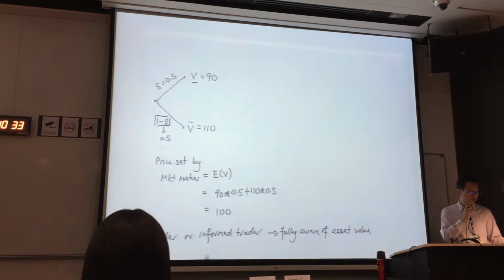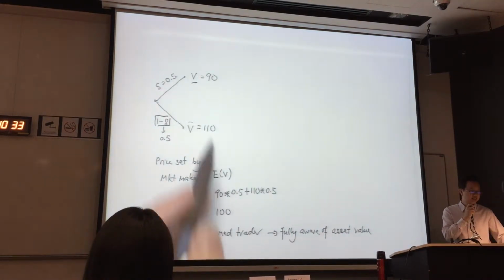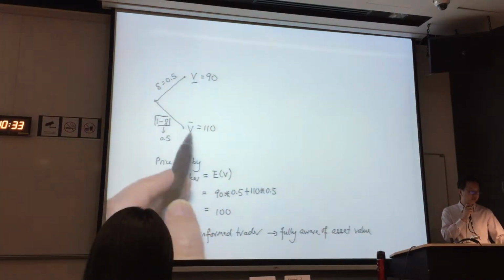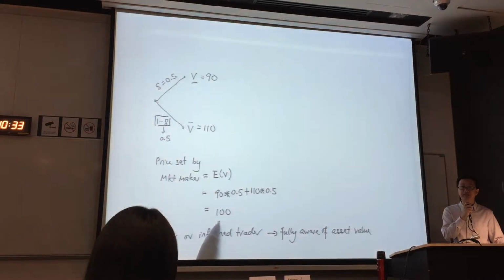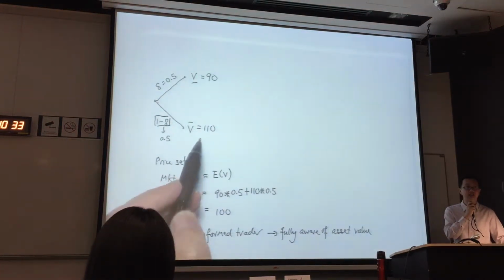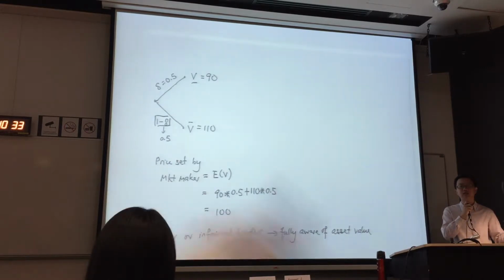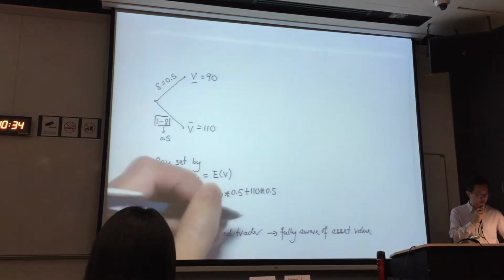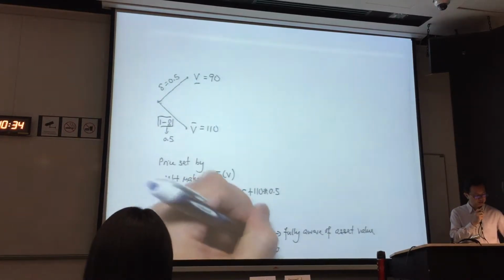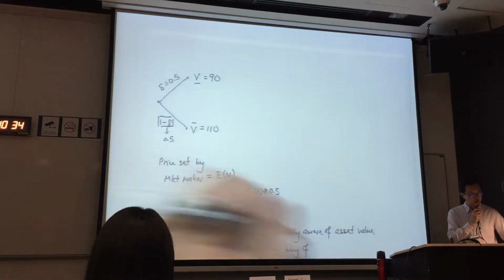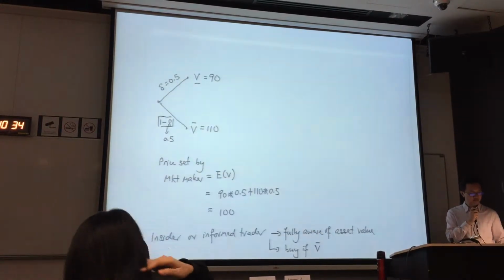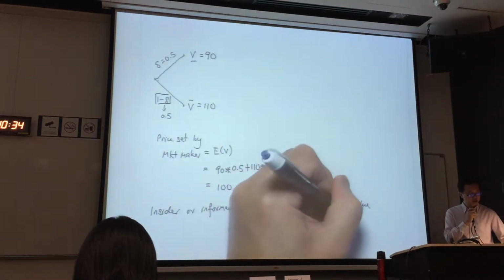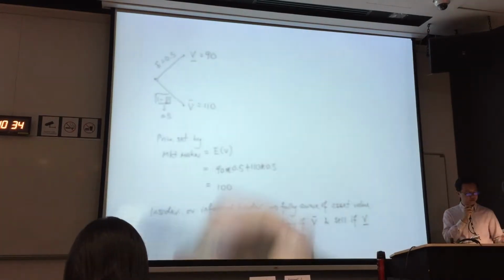The informed trader will sell when the asset is worth the lower value. But when the asset is worth more, potentially they can buy at 100. If this is the price set by the market maker, they will be getting an asset worth more, 110, so they will of course buy. So the insiders, who are fully aware of the asset value, will buy if the asset value is high, and sell if the asset value is low.